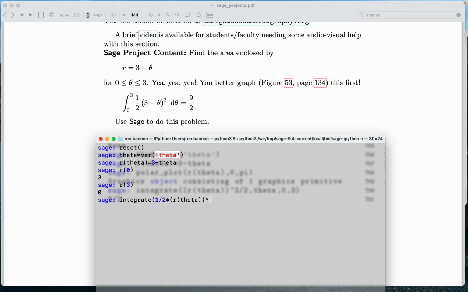I'm going to square that, and I want to integrate this thing with respect to theta on the interval from 0 to 3. Now remember, I say a lot to you, if you make a mistake, it's not going to explode. You'll just know you made a mistake. What do I get? Exactly as expected, 9/2.